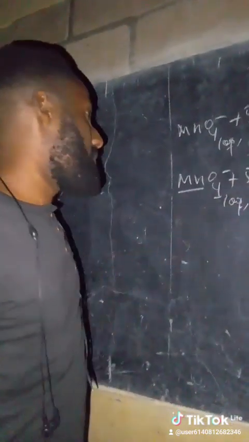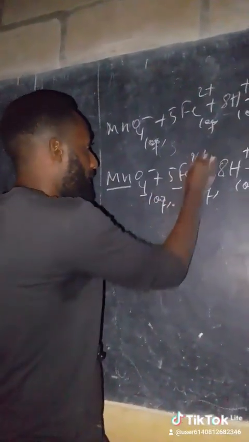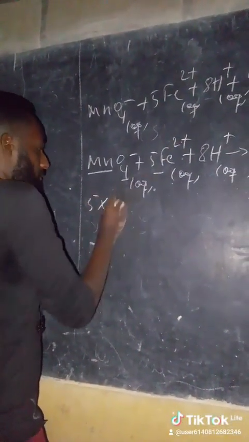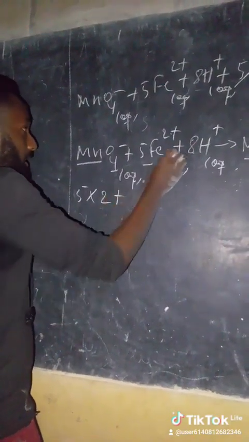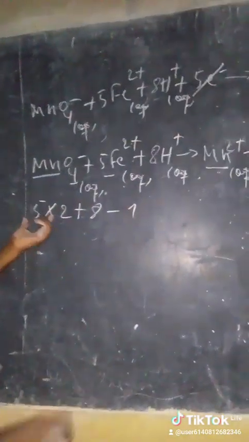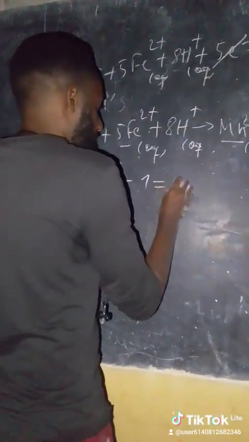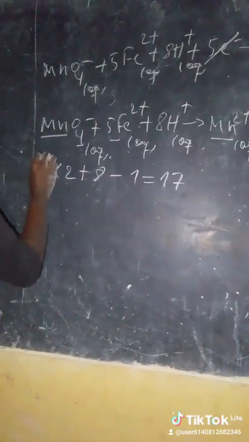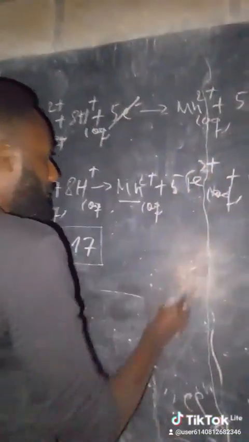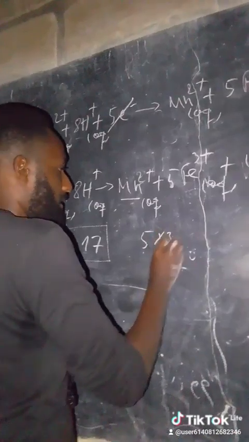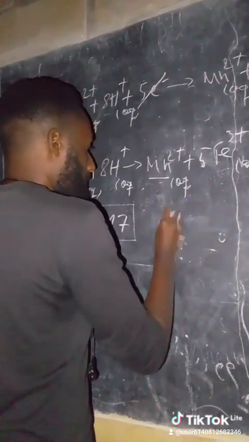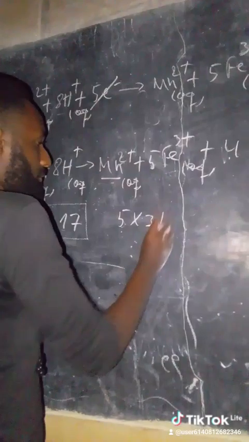So tujye kureba niba charges ziba ziri balanced. Muri reactants dufite 5 times 2, then plus 8 minus 1. So 5 times 2 is equal to 10, plus 8 is equal to 18, minus 1 is equal to 17. Muri product dufite 5 times 3 plus 2.